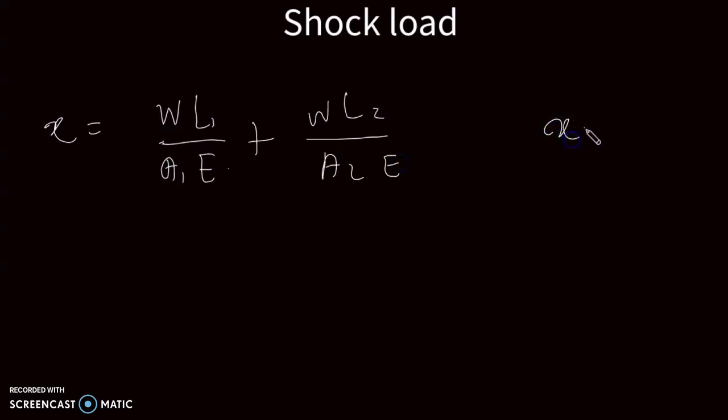This is from the equation. The total length is equals to change in length number 1 plus change in length number 2. So this is change in length number 1, this is change in length number 2.